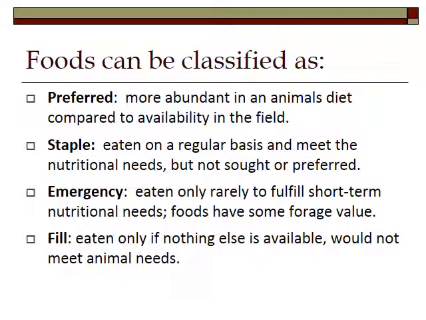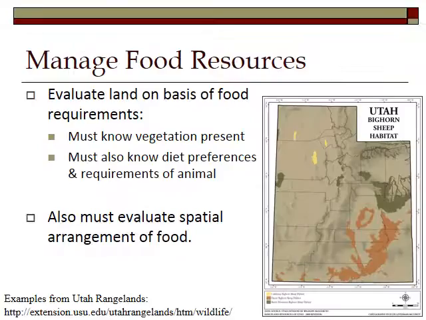And then the final group is fill. These are things that may not have very much nutrient value, but the animal may eat them just to try to fill up. So kind of dry, stemmy grass would be an example of fill that a ruminant might eat. When you think about managing food resources, then it's kind of interesting because you can actually evaluate a landscape on food requirements.